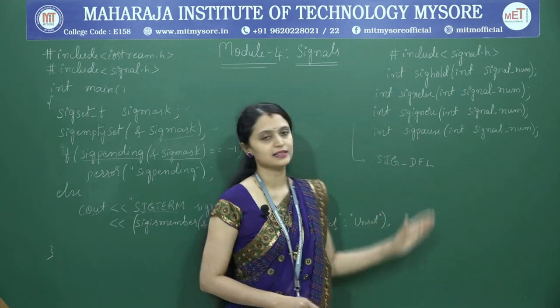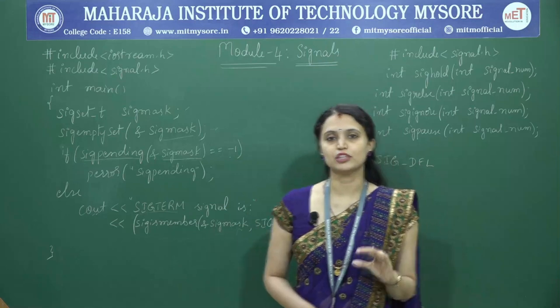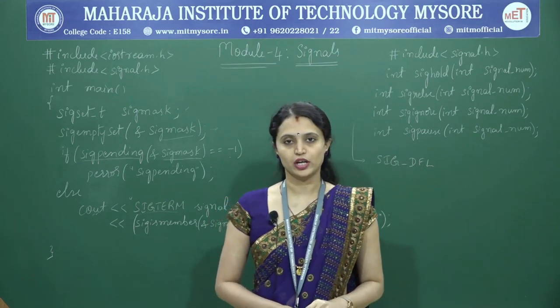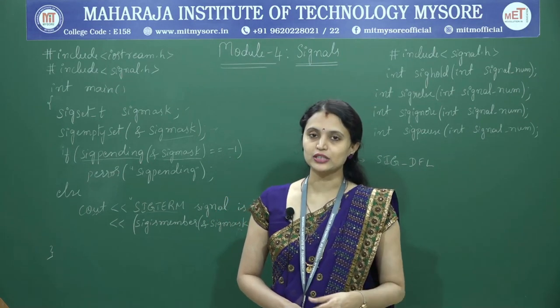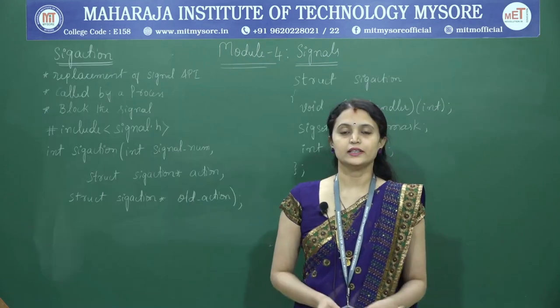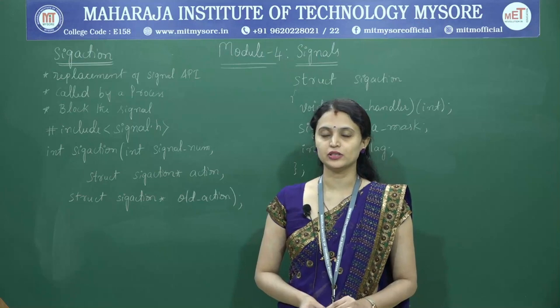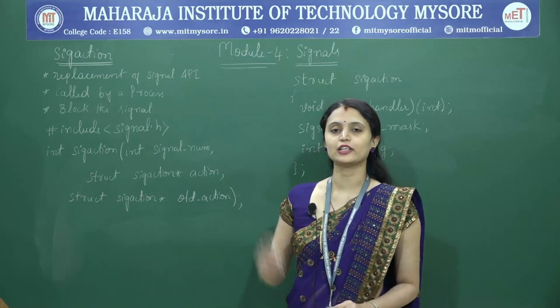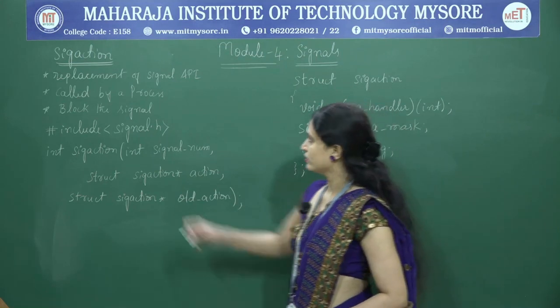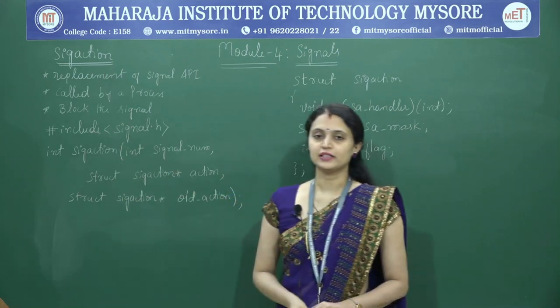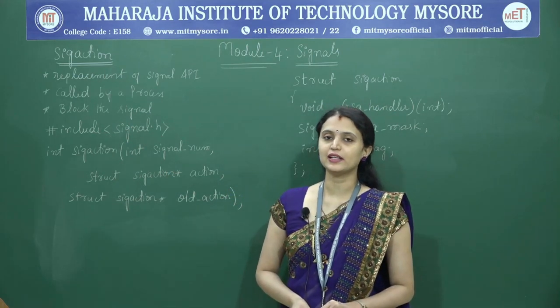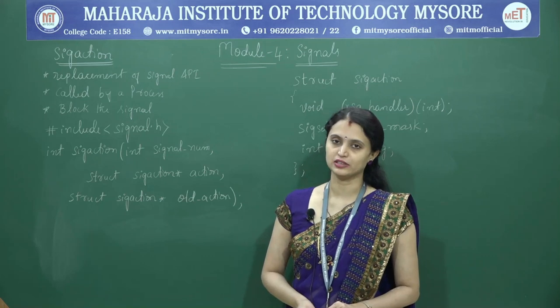So these APIs are supported by Unix system version 3 and then version 4, okay. So now let's move on to the next concept. The next concept is SIGAction. That is nothing but the signal action, represented by the SIGAction API, okay. This SIGAction API is a replacement of the signal API in the Unix and POSIX systems, okay.